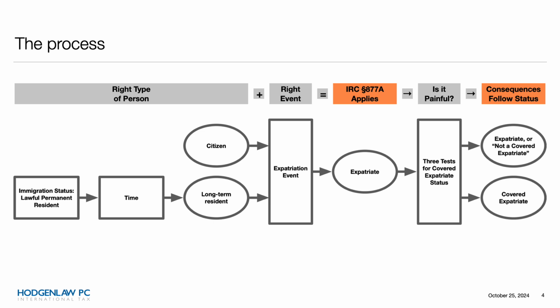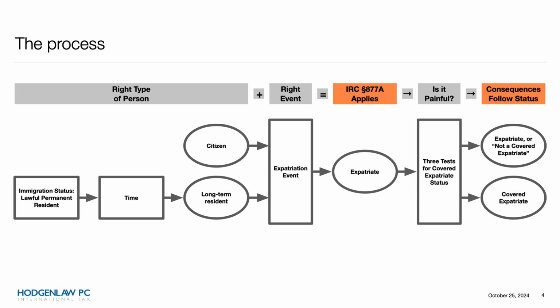For the expatriation rules to apply, you have to have the right type of person, either a citizen or a long-term resident of the United States, and we'll talk about what long-term resident means in a minute, plus the right type of event, an expatriation event. If you have those two things, then Section 877A applies and you're an expatriate.